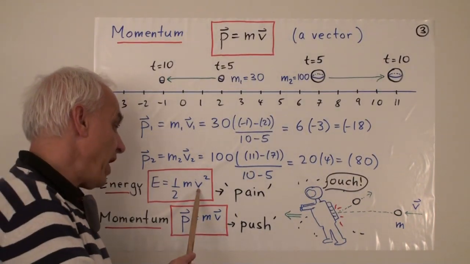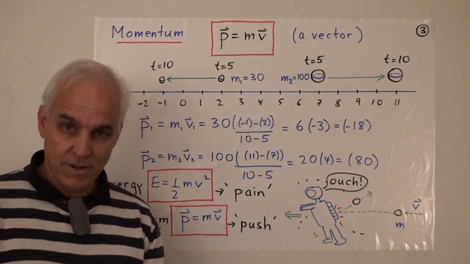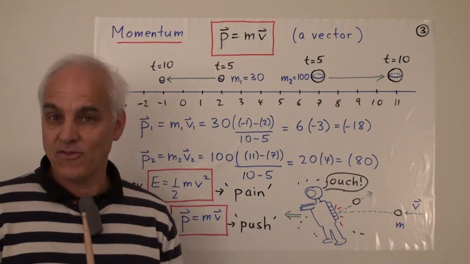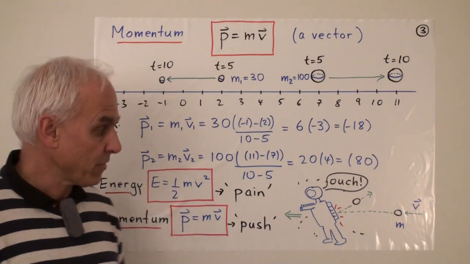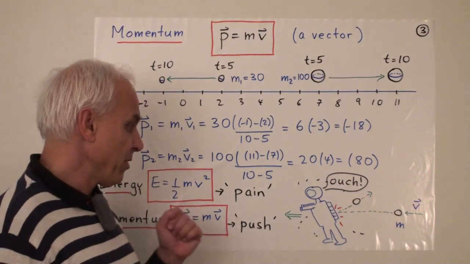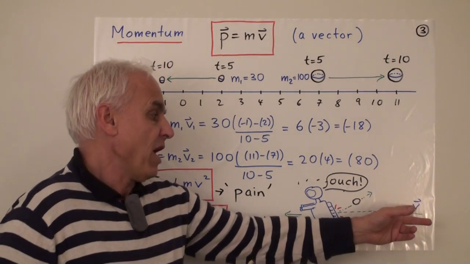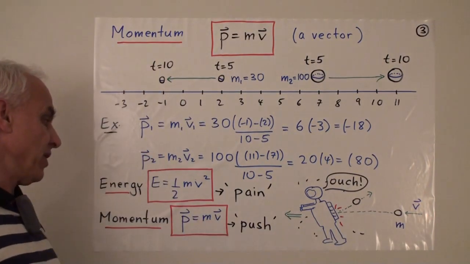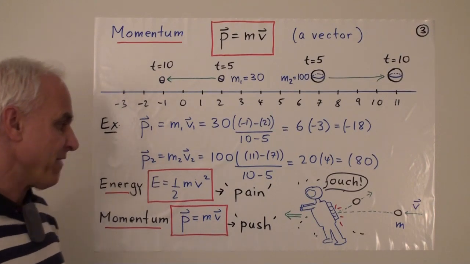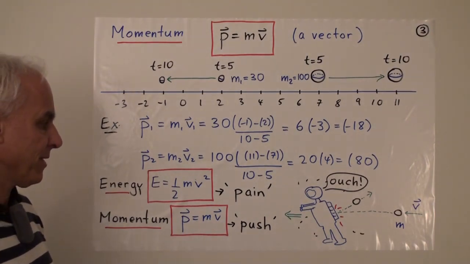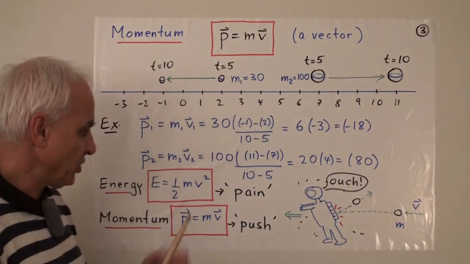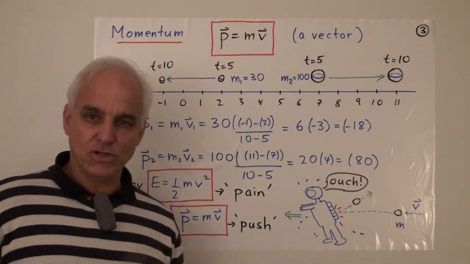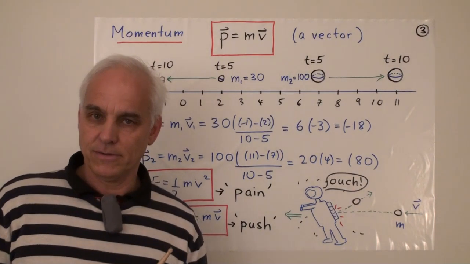But because of the square of the velocity or speed term, the energy would decrease. Okay, it'd be quite less energetic. Conversely, if you multiply the velocity, say, by 2, the momentum is going to increase by 2, but the energy is going to go up by a factor of 4. Right? So it's the momentum that's going to end up pushing you along, and the energy that's going to cause damage to your spacesuit or your ribs.